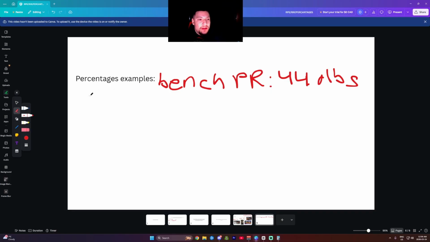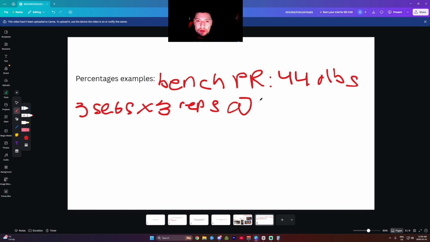Let's say I am given 3 sets by 3 reps at, let's say, 75%. Fairly light, not too heavy, right?